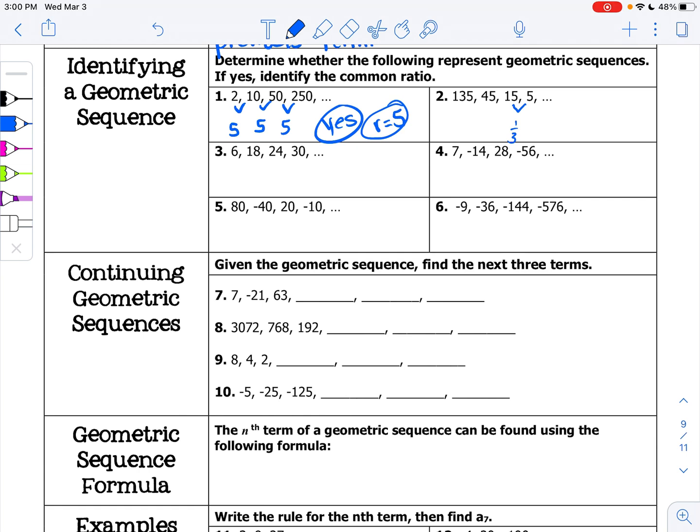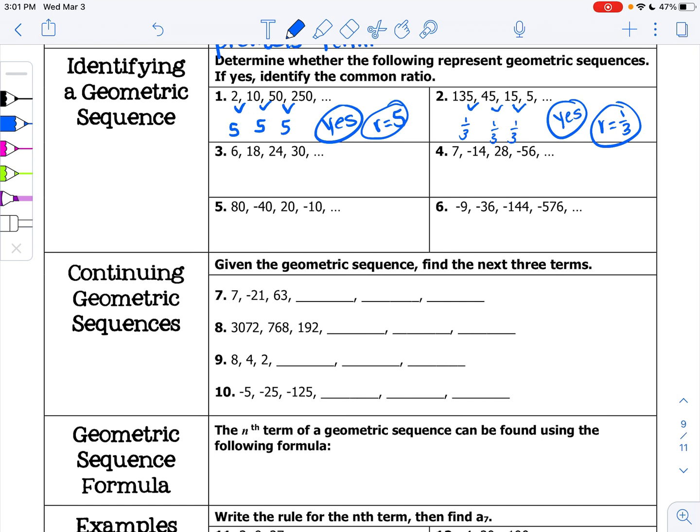Then 15 divided by its previous term, 15 divided by 45, is again 1/3. And then 45 divided by 135 is also 1/3. So that ratio is the same throughout the whole sequence. So we can say, yes, it is a geometric sequence with a common ratio of 1/3.